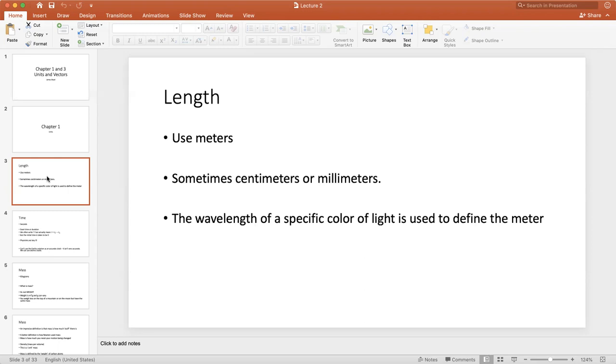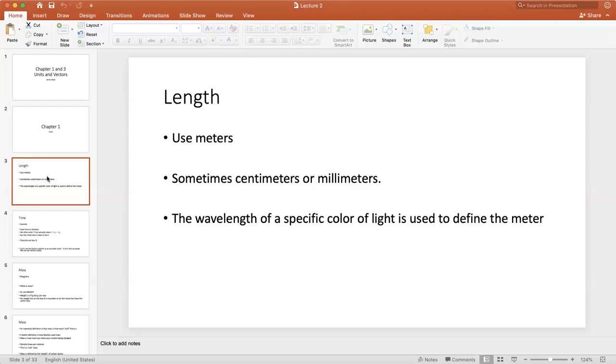And then you'll forget that you need to convert from centimeters to meters, or your constant of gravity will be wrong. It'll be off by 100. We'll talk about that when we do those labs. But for now, just know that you need to get used to everything being in meters, and you need to understand how long a meter is.